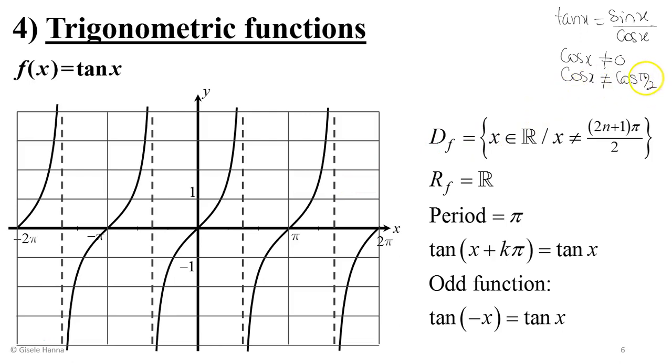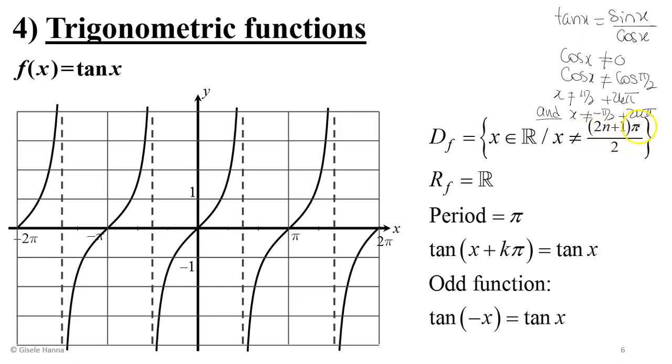So x is here pi over 2 plus 2k pi, so x would be different than pi over 2 plus 2k pi, and over here it's an and because we want it to be different, not equal, and x would be different than negative pi over 2 plus 2k pi. Now, of course, here k is an integer, so if we were to consider all angles that satisfy both these conditions, they would in fact be the odd multiples of pi over 2.